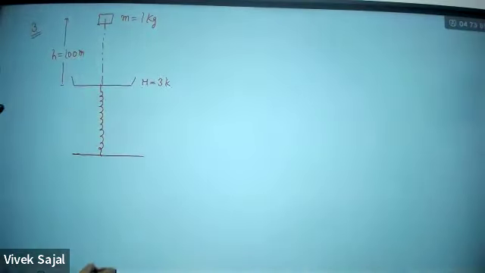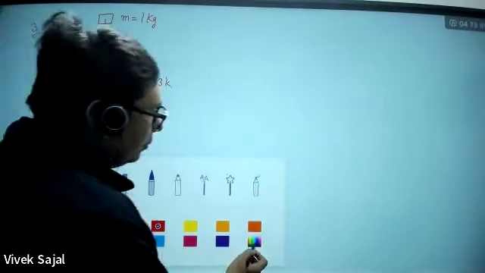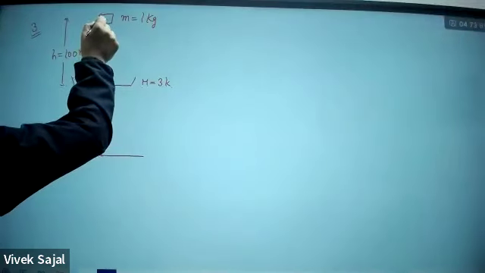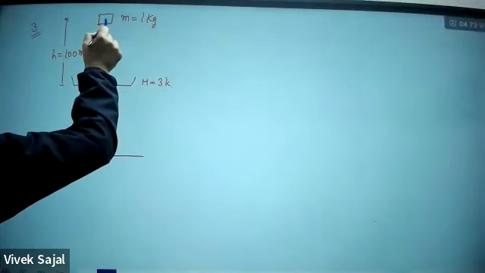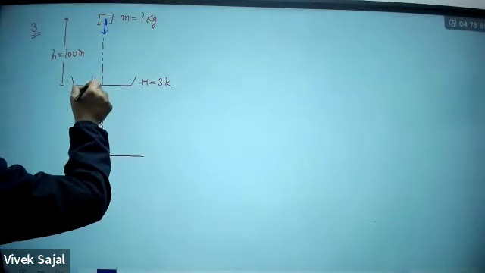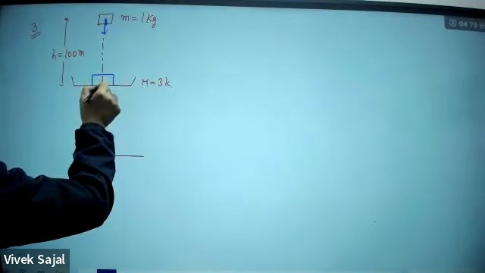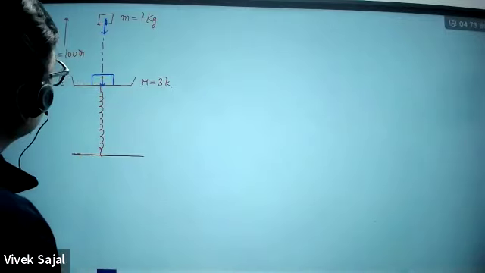But before that, suppose when this block falls from rest and hits here, what will be the velocity with which it is hitting? I'm saying this is v.